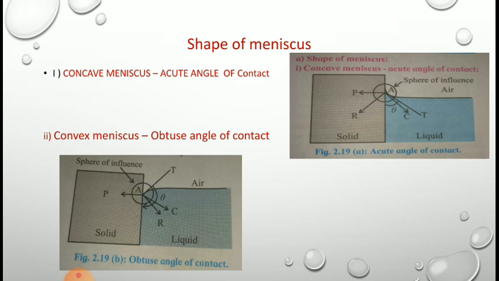The molecule experiences both cohesive as well as adhesive forces. In this case, the net adhesive force is represented by vector AP and is acting on molecule A in the horizontal direction since the wall is vertical.